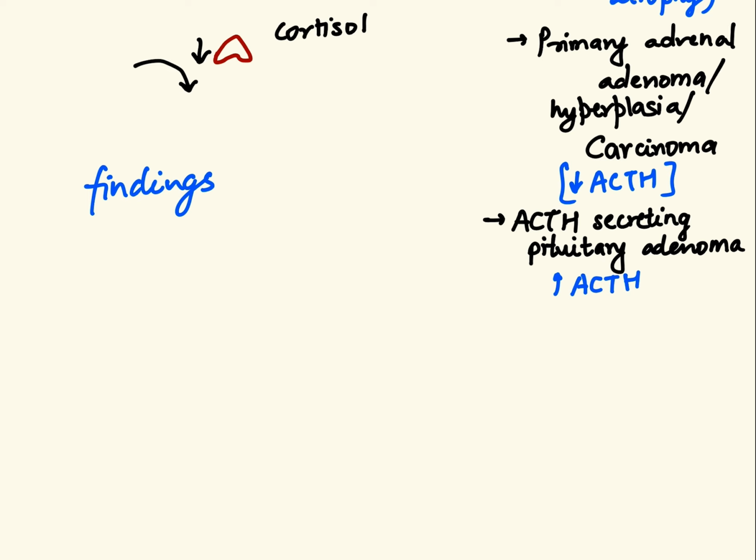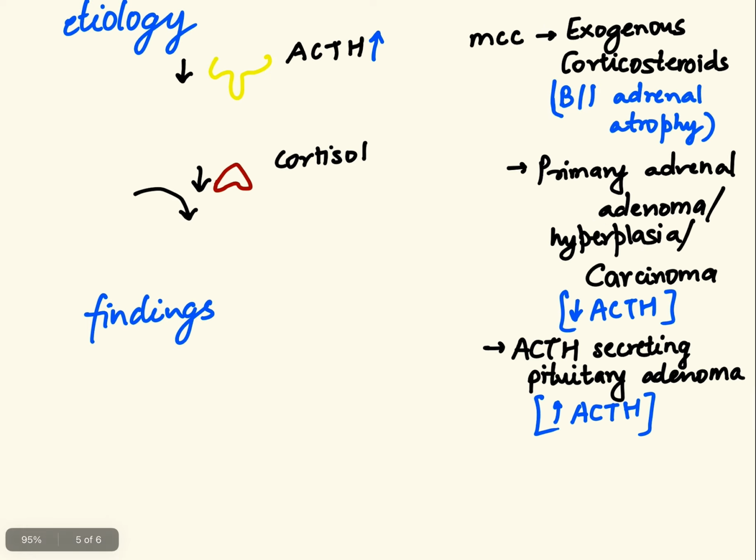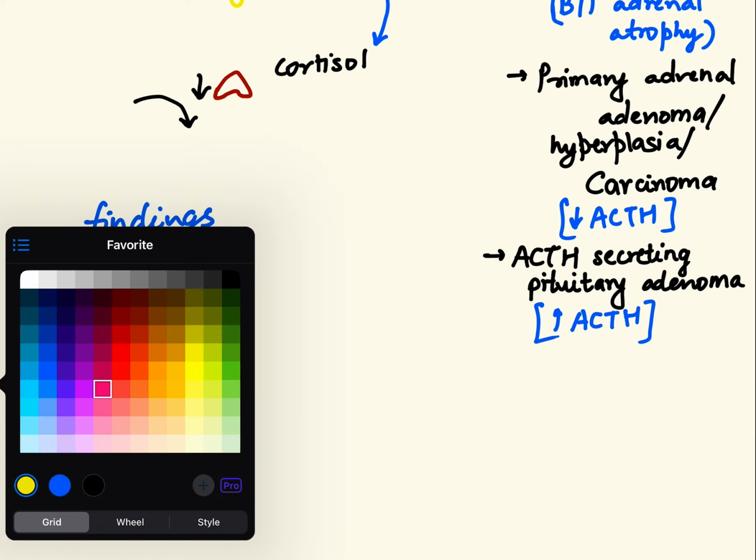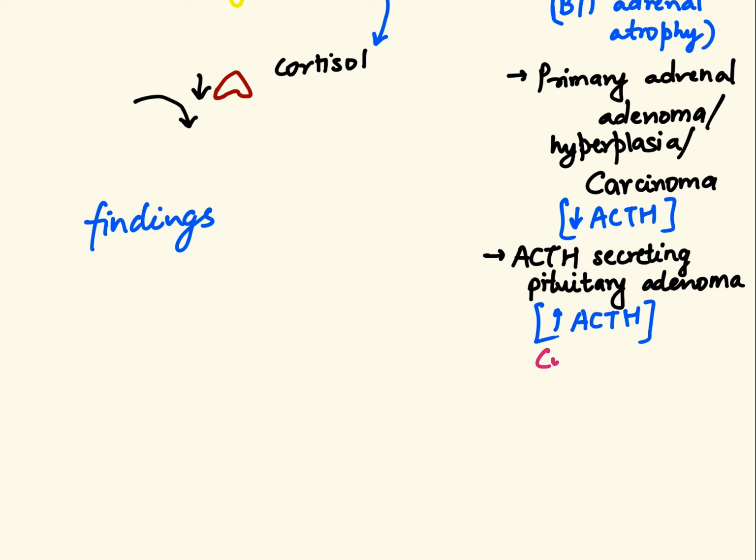There is no doubt about that, I hope. तो यहाँ पे ACTH बढ़ जाएगा and that will increase the cortisol in the adrenal. Okay, so this is also called Cushing's disease. Not Cushing syndrome, Cushing's disease.